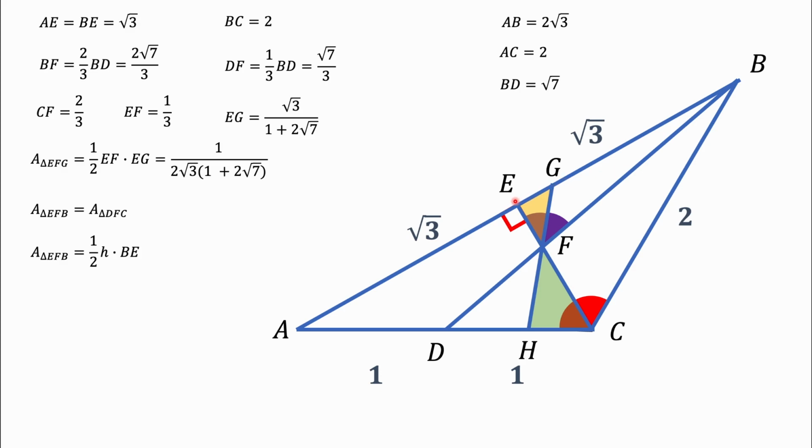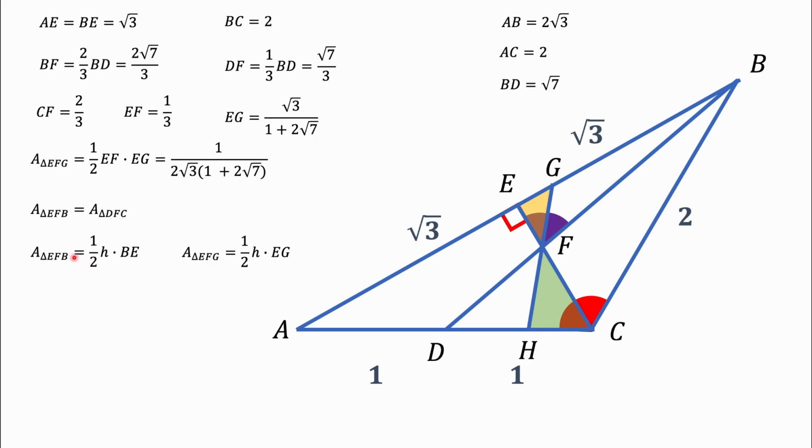If we take the base as BE, the height we call H. In this particular case, H is EF, but it doesn't really matter. What's important is that we can express the area of the triangle EFG in the same way, as half height times the base. And if the base is EG, the height of this triangle is exactly the same H as in the triangle EFB.